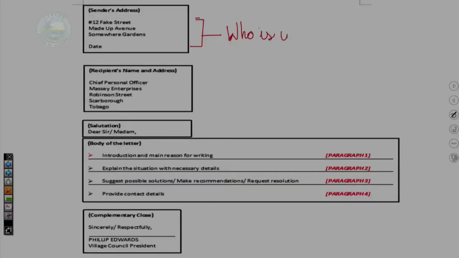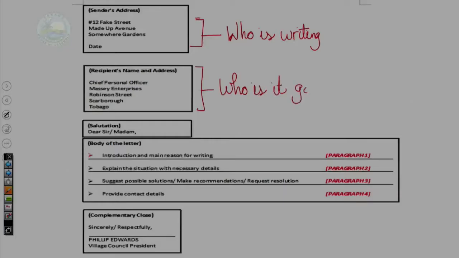So who is writing the letter? Then we get to the recipient, and we're recapping this part here. Who is it going to? Who is the receiver?